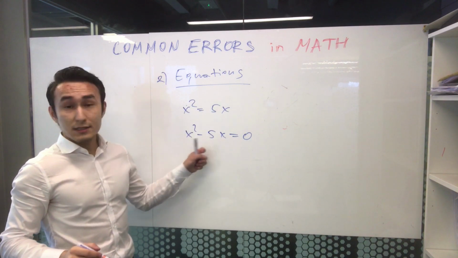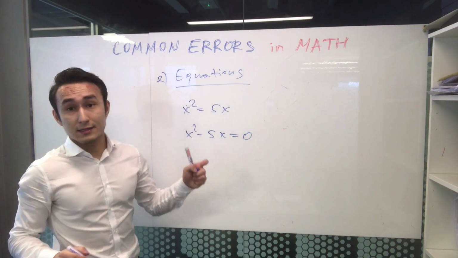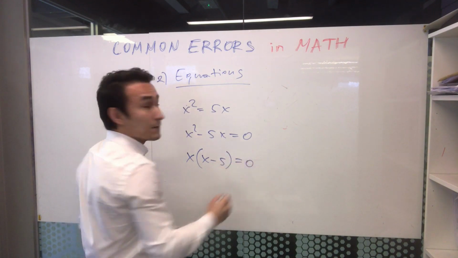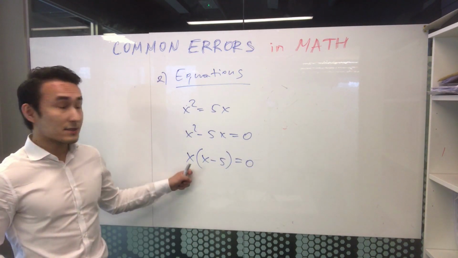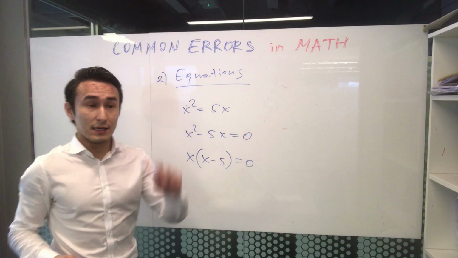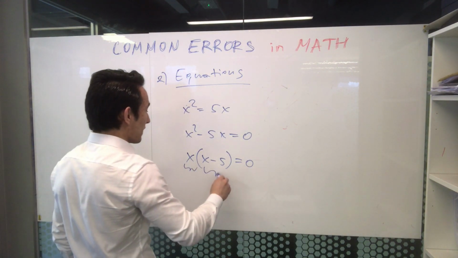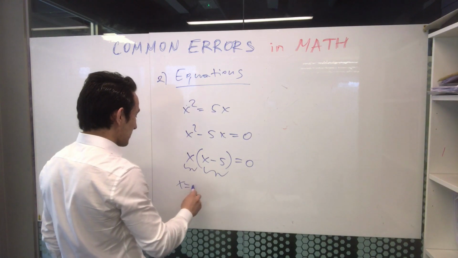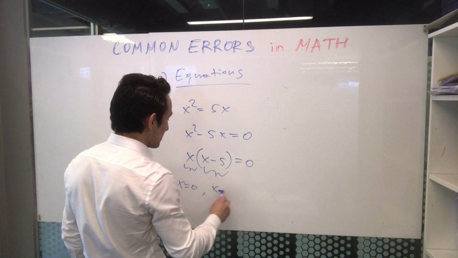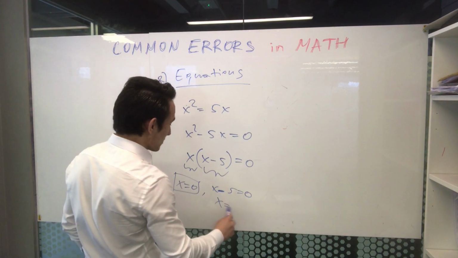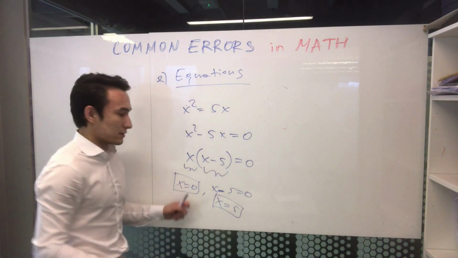And then the next step is to factorize the x out. So x bracket x minus 5 is equal to 0. Then we'll have two cases. Either x is 0 or x minus 5 is 0. Which means that either x is 0 or x is equal to 5. So two answers, 0 and 5.